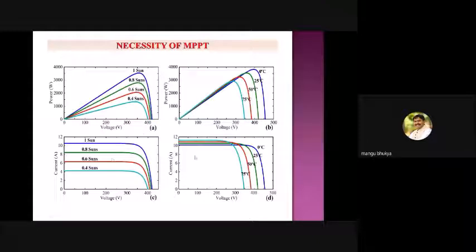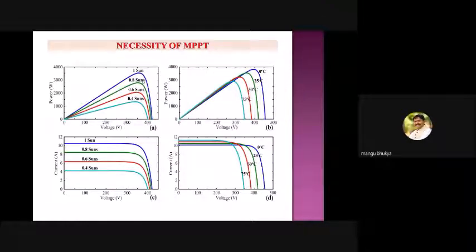Yeah, and here, if you see the behavior of the power from the panel, it depends on the radiation. With variation in the radiation, the power drawn from the panel also varies. So here, 1 sun, 0.8 sun: you know that on the earth we are getting 1000 watts per meter square, meaning how much radiation reaches the earth per unit area.